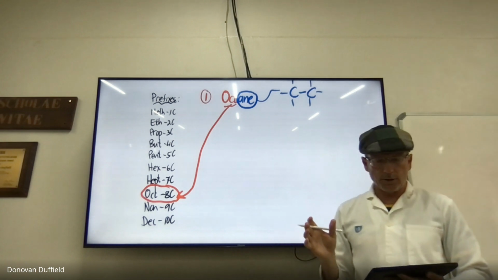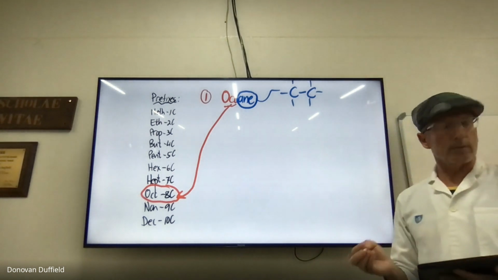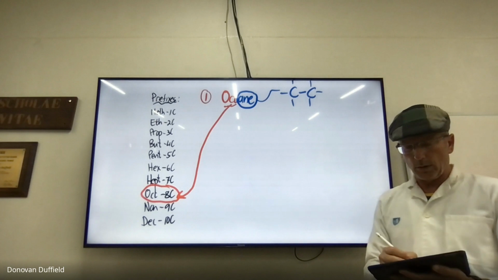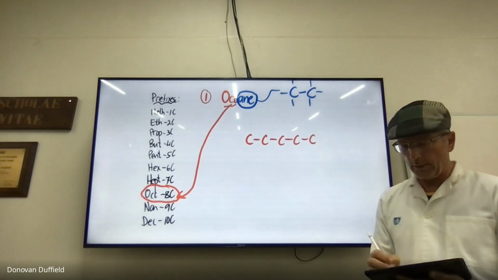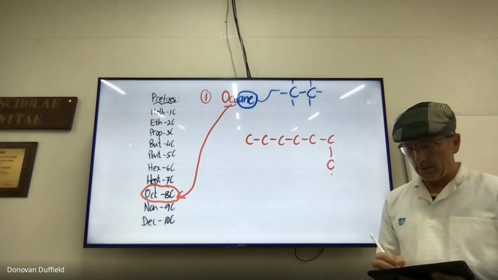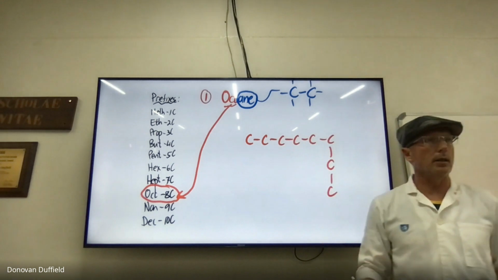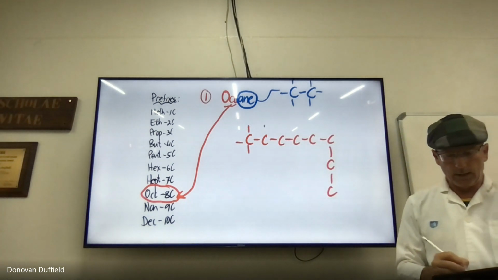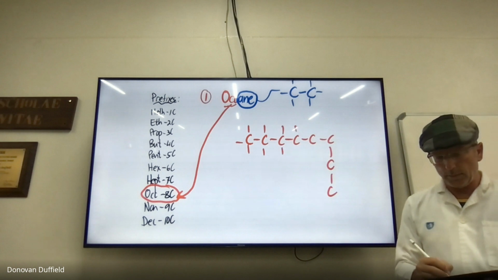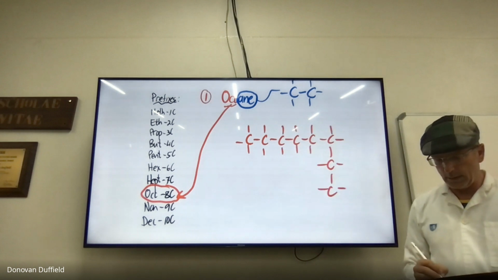So what we're going to do now is draw it. We've got 1, 2, 3, 4, 5, 6, 7, 8. I purposefully don't make it linear. It can be linear, but it doesn't have to be. Then each carbon must have 4 bonds.